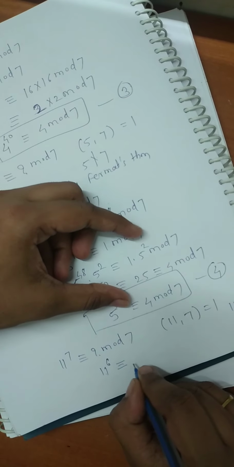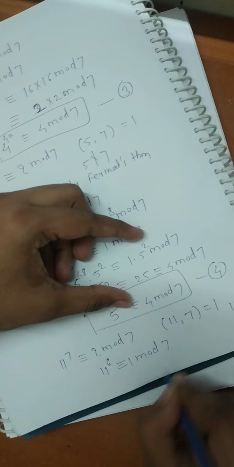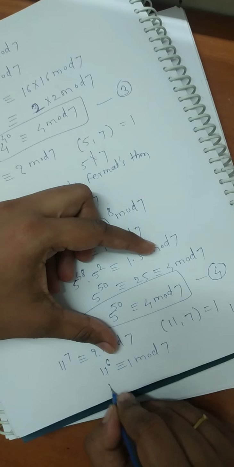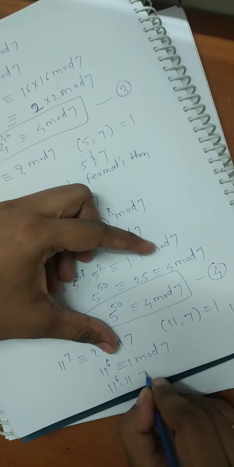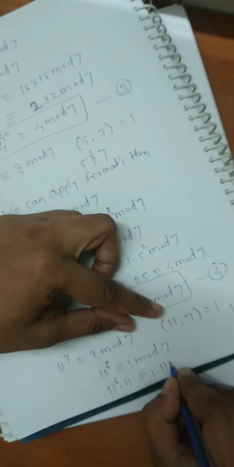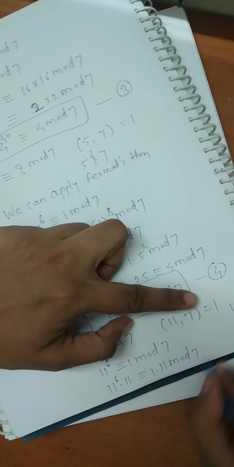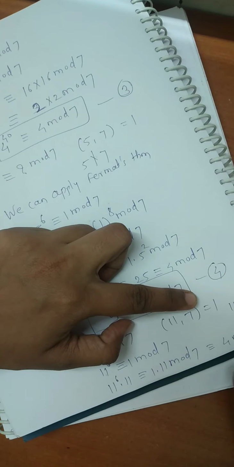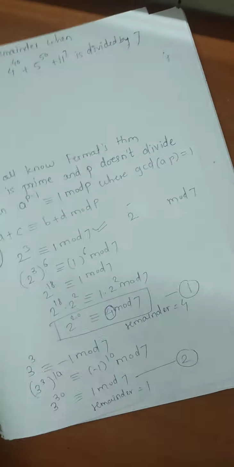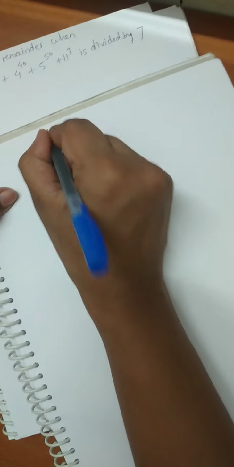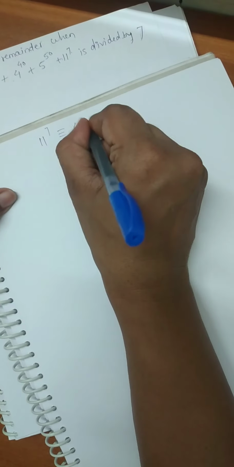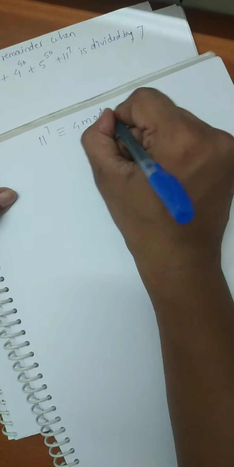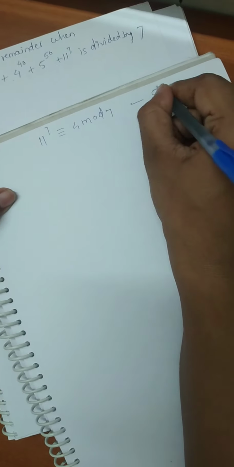So 11 to the power 6 times 11 is congruent to 1 times 11 mod 7, and 11 mod 7 is 4. So 4 mod 7. So this implies 11 to the power 7 is congruent to 4 mod 7. Call this as equation number 5.